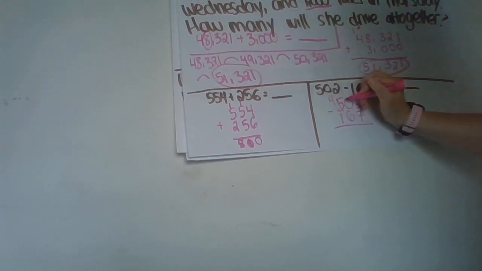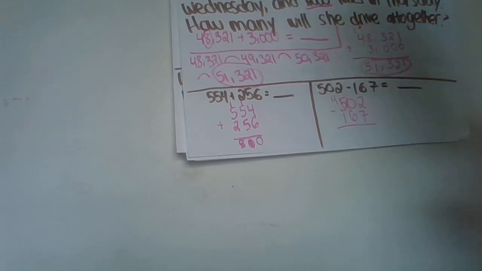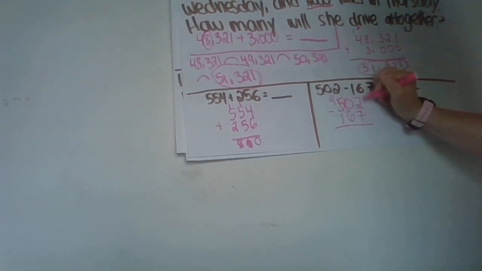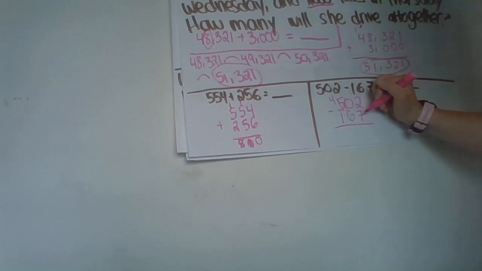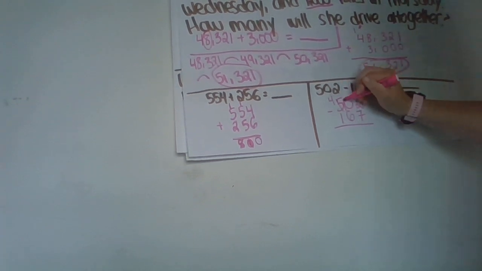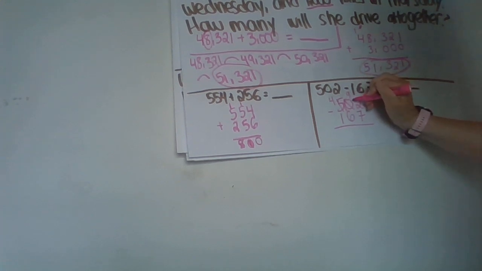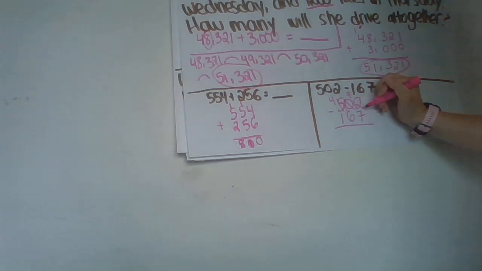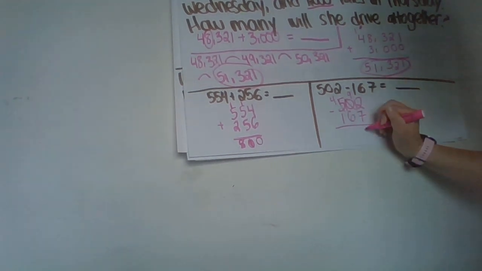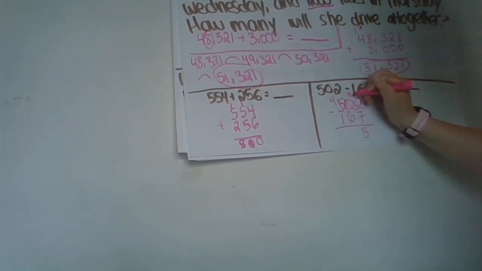So now there are 400 left and 10 tens instead of 0 tens. Am I done? No, I still don't have anything over here that I can subtract 7 from. So I have to take away one of those tens, which leaves me 9 instead of 10, and then move a 10 over to the ones column. Can I do 12 minus 7? Yes, I can. 12 minus 7 is 5.